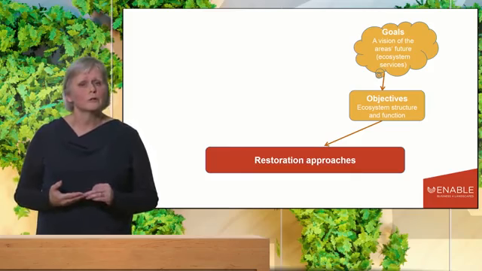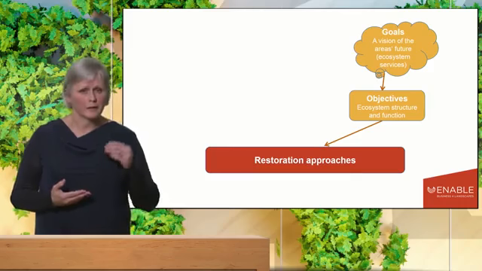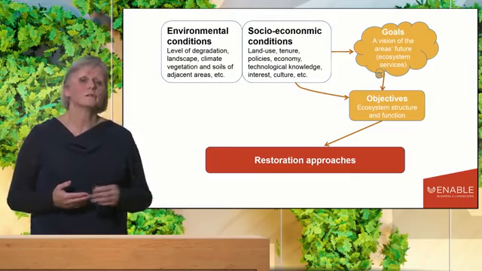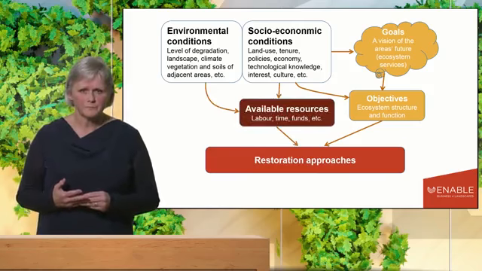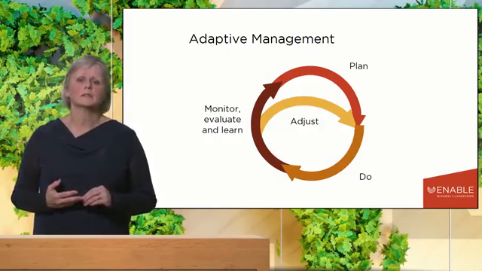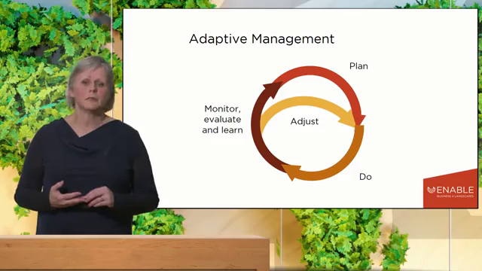But the choice of objectives and interventions is also influenced by environmental conditions and socio-economic conditions, as well as the available resources. Monitoring protocols and evaluation of the project's outcomes allow for adaptive management, which should be included in all restoration projects.